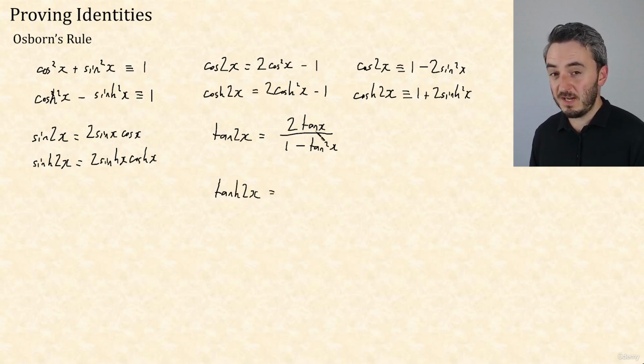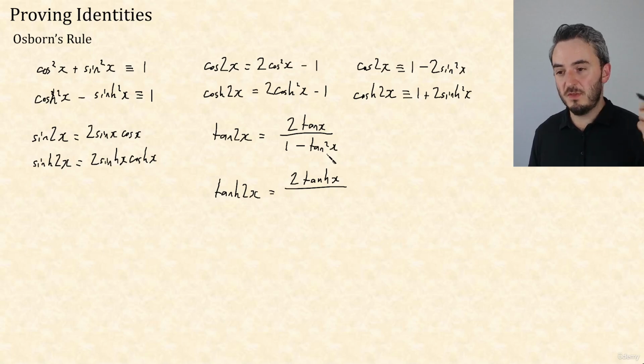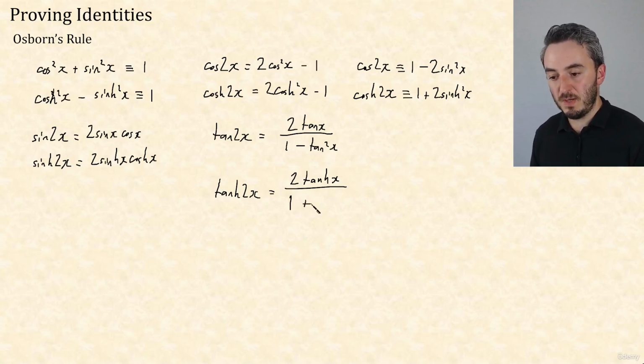The tan x doesn't have a squared sine term, it just has a single sine term, so we leave that alone, but change it to hyperbolic, 2 tanh x. But that tan squared x is really sine squared x over cos squared x. So Osborne's rule kicks in, that sine squared becomes a negative sinh squared. So instead of 1 minus tan squared, it's 1 plus tanh squared x.